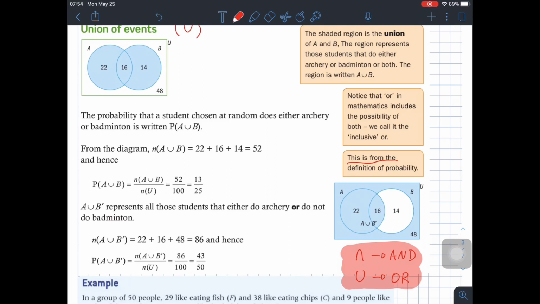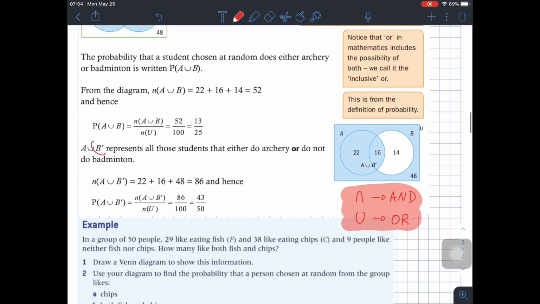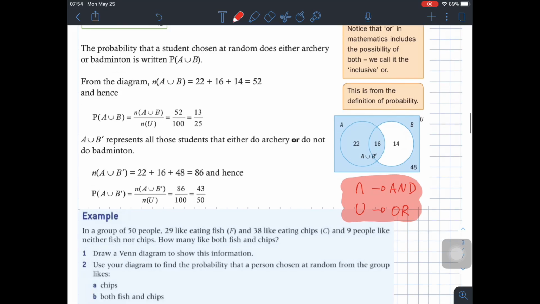Okay. Then it says A union not B represents all those students that either do archery or do not do badminton. So if you look at this diagram over here, we're referring to the shaded region, right? A union not B. A would be all of the circle for A, and not B is everything that is outside of B, right?